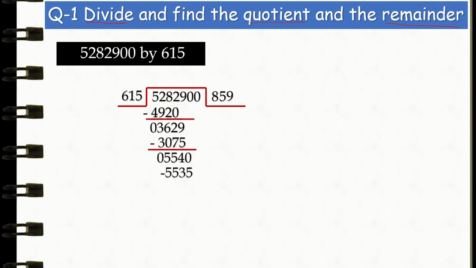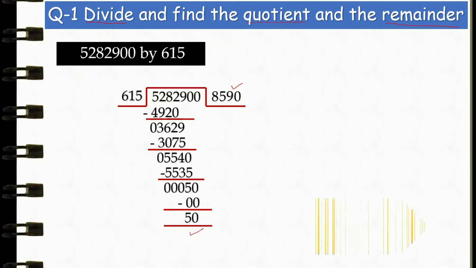We will multiply 615 with 8, 5, 9 and 0 to solve the sum, and then you get 8590 as the quotient, and the number which is remaining is called the remainder.